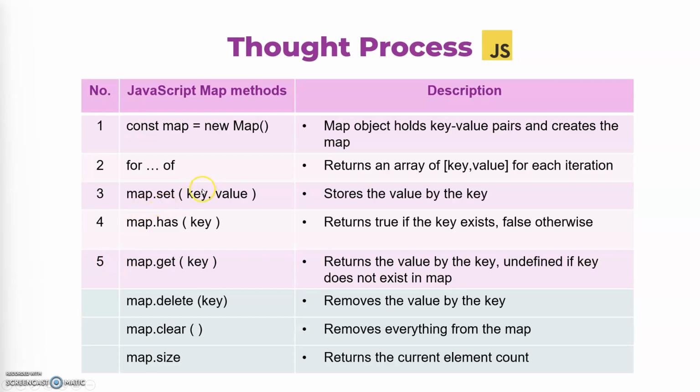Map.set, it will take 2 arguments, key and value. It will store the value by the key. Map.has, this number 4, it will take only 1 argument, key. It will return true if the key exists, false otherwise. 5, map.get, the only argument is key. It will return the value by the key and undefined if the key does not exist in the map.